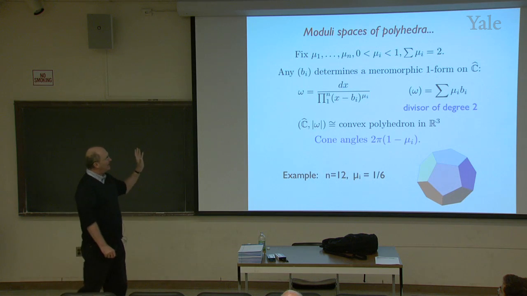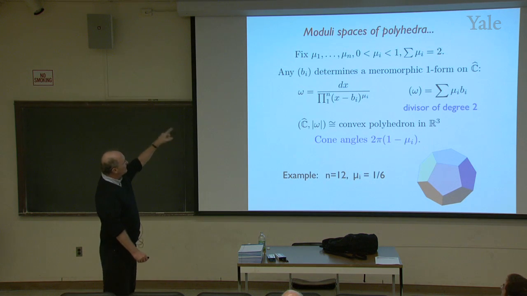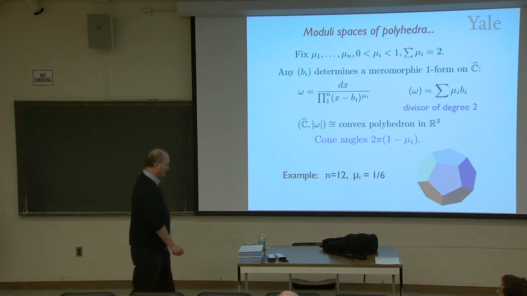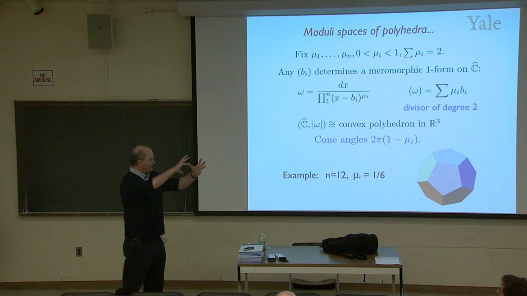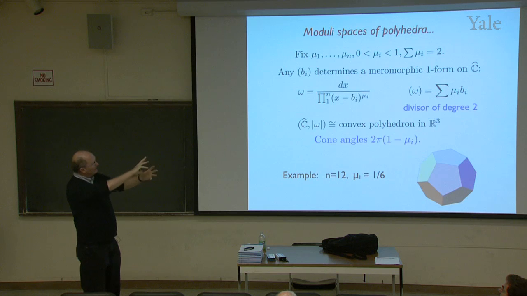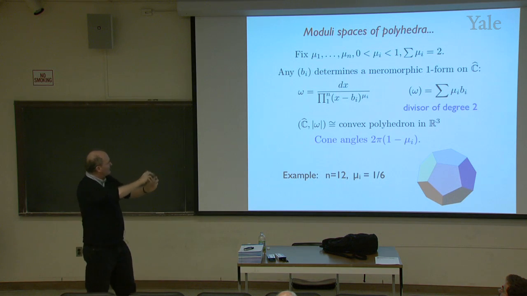Okay, so we haven't changed our moduli space, we've just changed how to think about it. So we can think of this moduli space with more data, these weights, as parameterizing these different possible shapes of polyhedra. So you should imagine this dodecahedron, which happens to be very static, as having some deformations. You can start sliding the vertices around, continue to take their convex hull in R3, and you'll get a whole family of convex shapes.